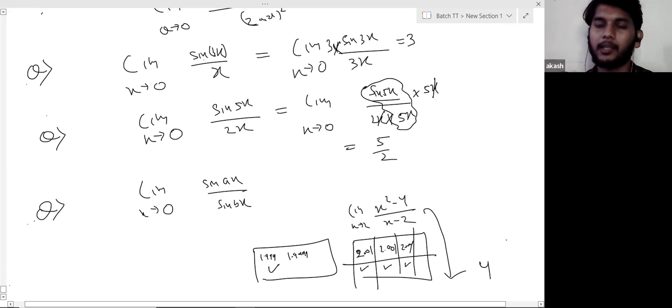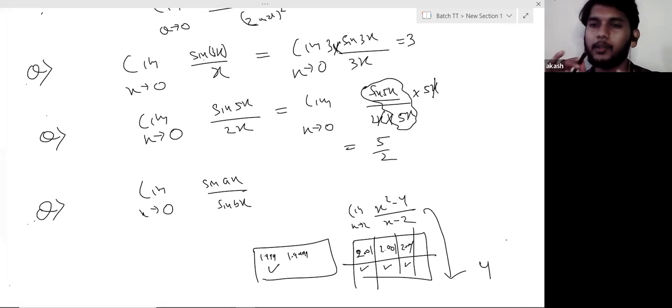Put values 0.1, 0.001, 0.0001, then sin x upon x tends towards 1. But if you put degrees, I do not think it will tend to that value. It will come near about pi by 180 something.